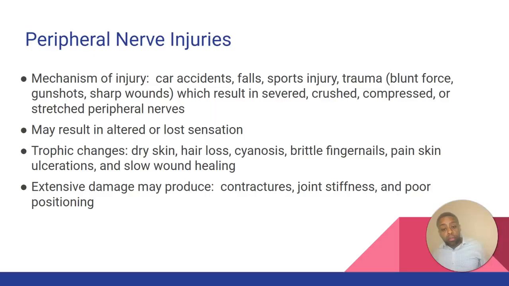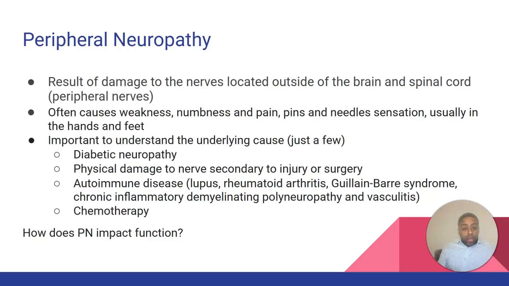So it's very important for a therapist, and we'll come to the specific treatments that are appropriate for different types of sensory and motor loss as a result of peripheral nerve injuries. But it's important for therapists to address any motor and sensory loss in a way that doesn't lead to some of these long-lasting conditions, like contractures and stiffness and all of that.